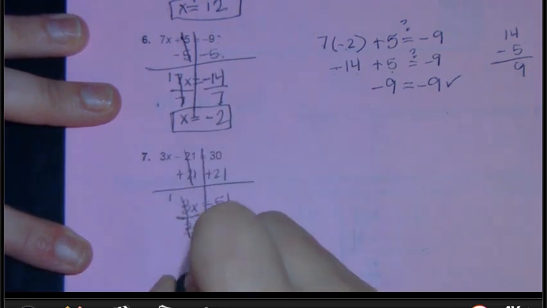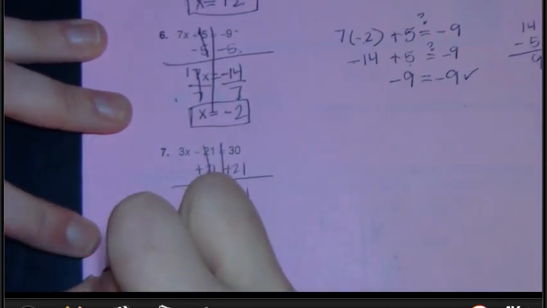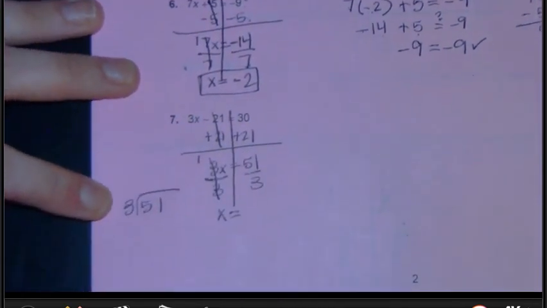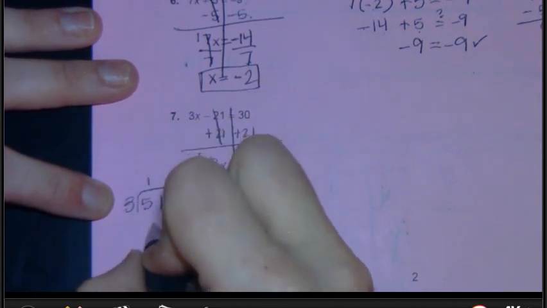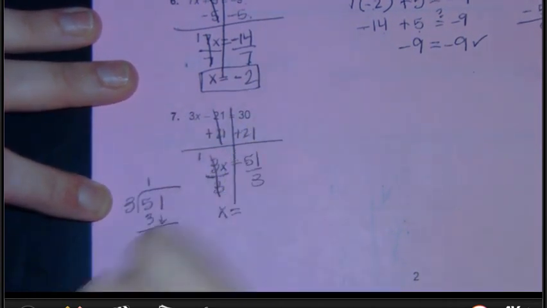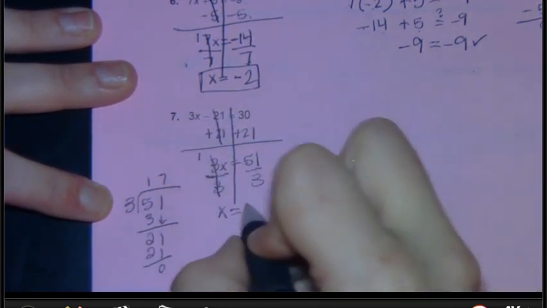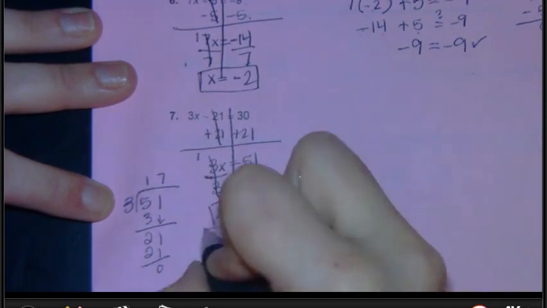And 3 divided by 3 ends up being 1. So x is equal to, well, let's see. 3 can go into 5 one time with 2 left over. Bring down my 1. 3 can go into 21 7 times with nothing left over. So x is equal to 17.